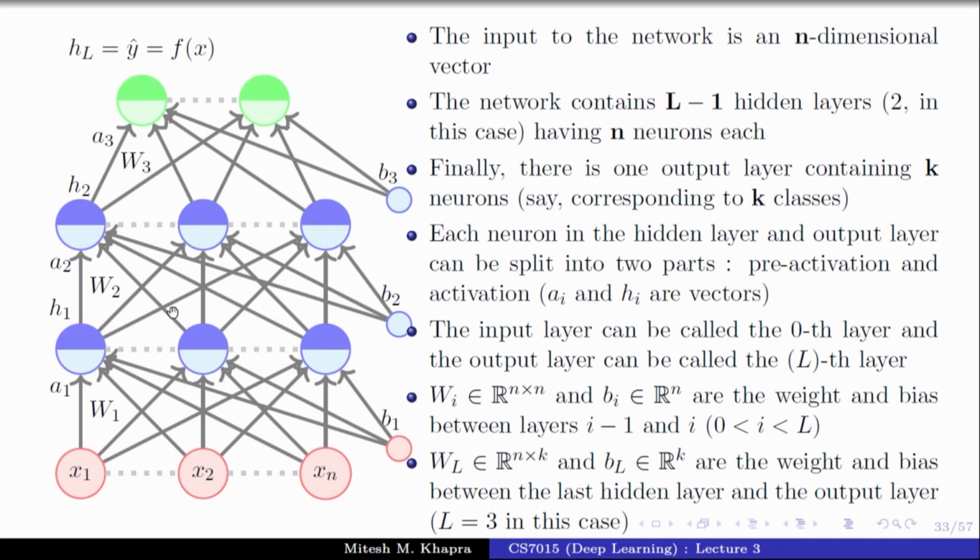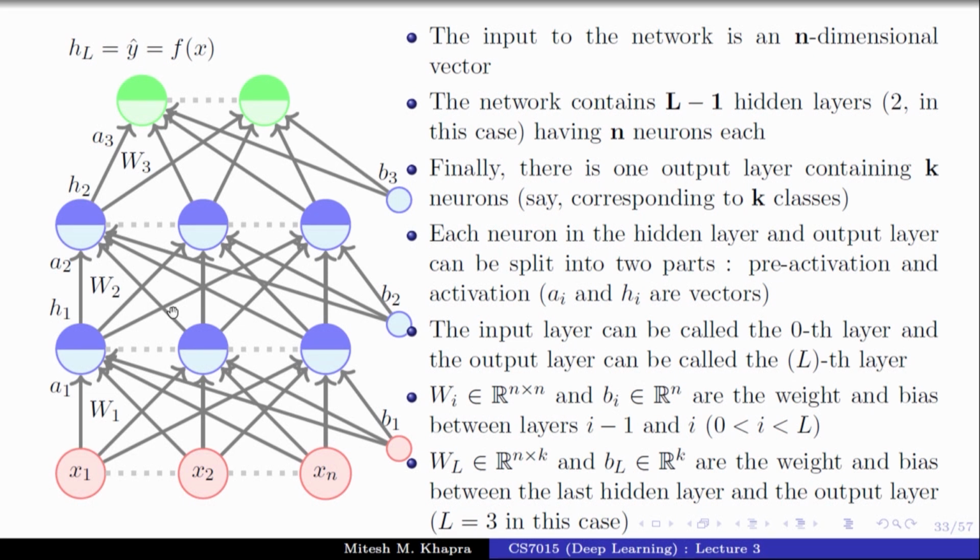Is that fine? Okay. So now how many weights will be there in the output layer? N times K. What would the dimension of that matrix be? N cross K. And what would be the dimension of the bias vector be? K. Good, right? So that's how this is going to be. So I've told you all the neurons. I've told you all the parameters of this model. Okay? Is that fine? Okay.